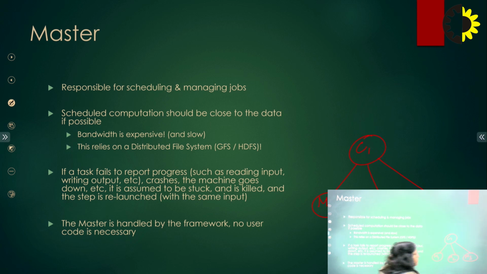The reason behind the replication of this data is that if the data from one machine is lost for some reason, the data must be available on the other machines. So data availability is assured by the master. This is handled by the framework, and no user code is necessary.